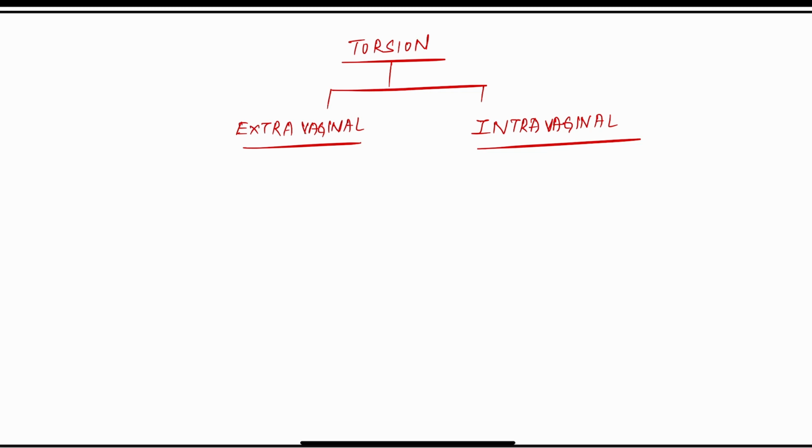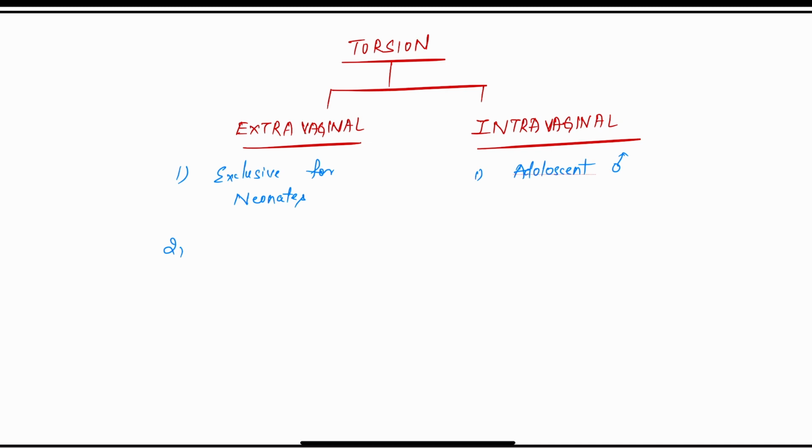Extravaginal torsion is exclusively seen in neonates, whereas intravaginal torsion is seen in adolescent males.